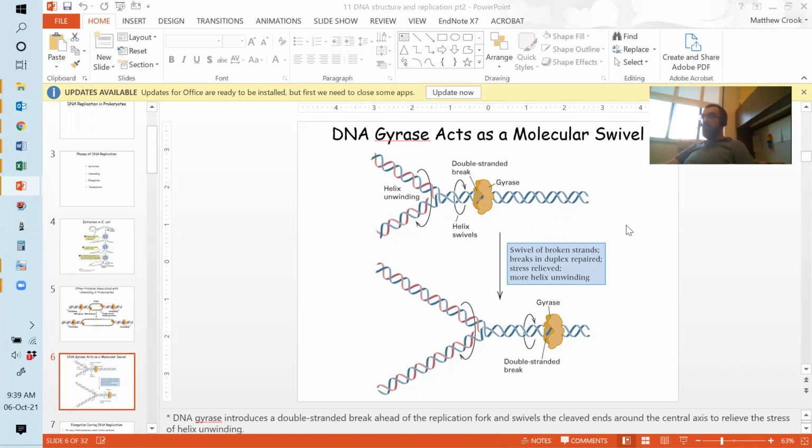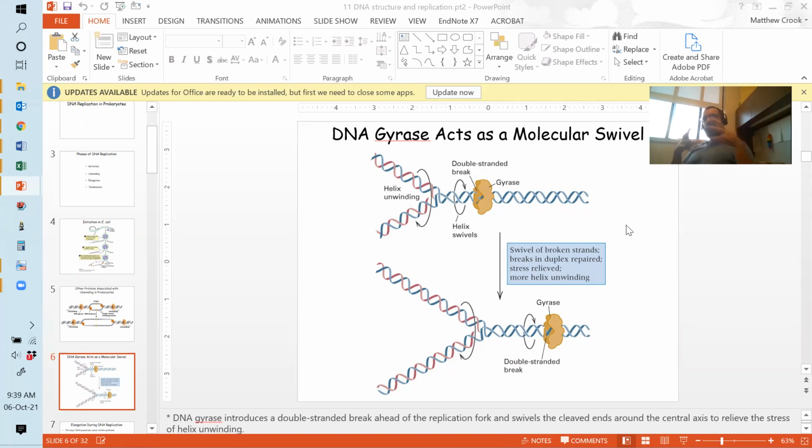So it's a really cool protein in many ways. I don't know how it detects supercoiling. I imagine the shape of the DNA changes, and that's what it detects, so it knows when to do this. But it's pretty cool, right? It has to break your DNA, which is normally a catastrophic thing you do not want happening.